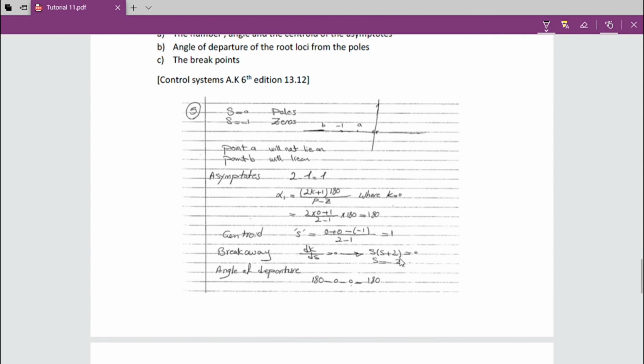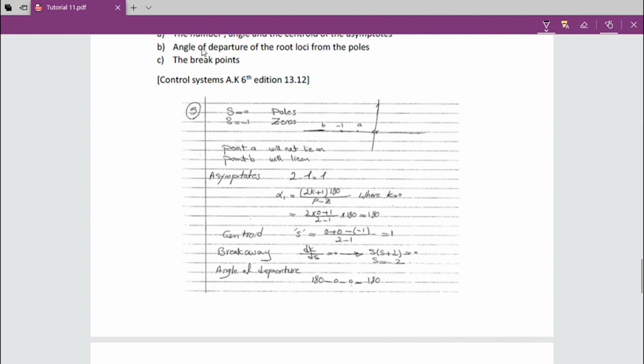This is what you get when you differentiate k. Now you know there will be two values of k, one when s is equal to 0 and one at s is equal to minus 2. So these two values, 0 and minus 2, will be either a breakaway or a break-in point, right.